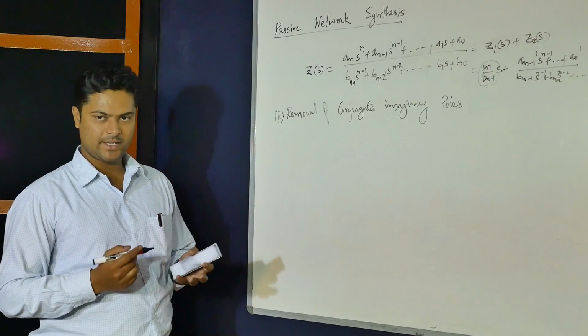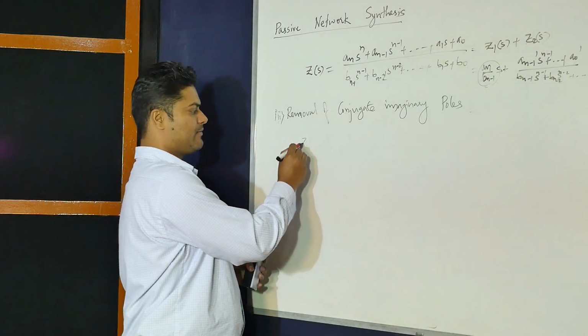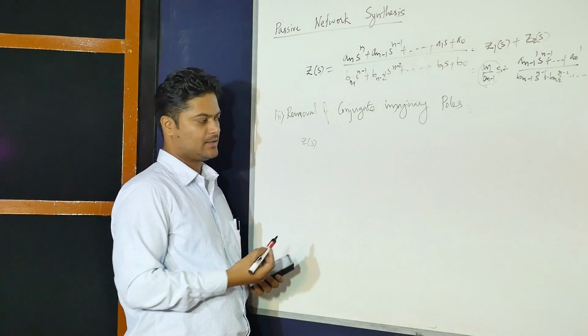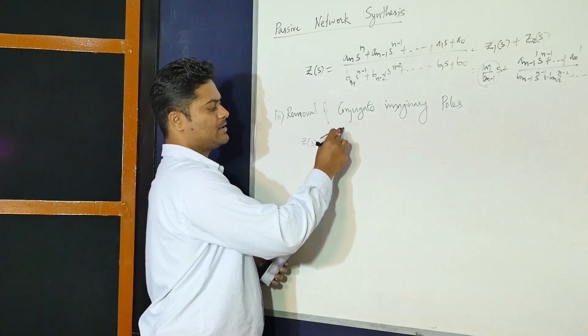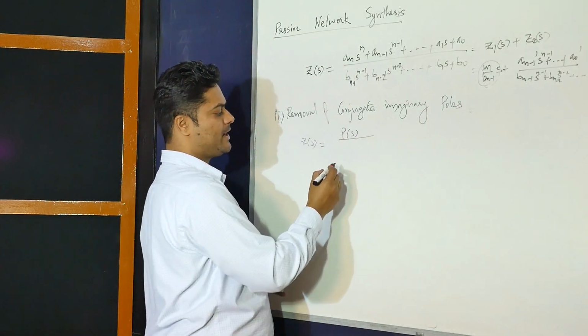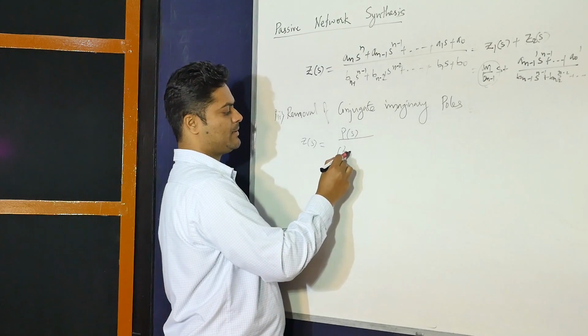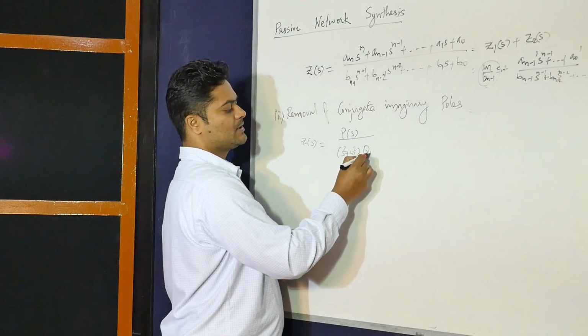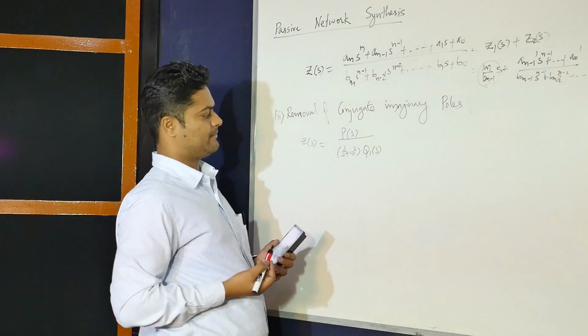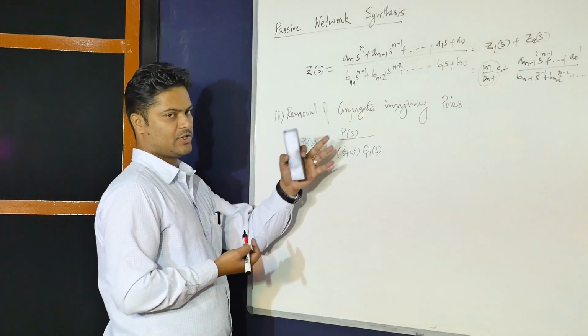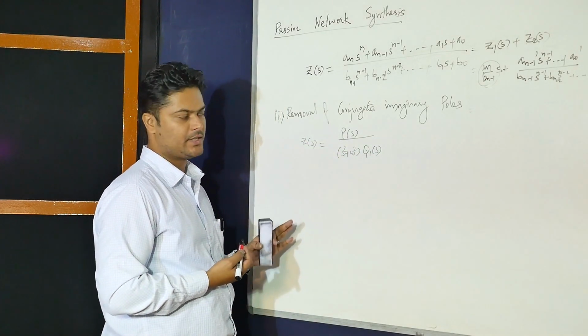Here, given an equation, whether it is a Z of S or Y of S, it is in the form of some numerator polynomial, and the denominator will have S square plus omega square multiplied by some other polynomials. The function has to be a positive real function, the first condition.